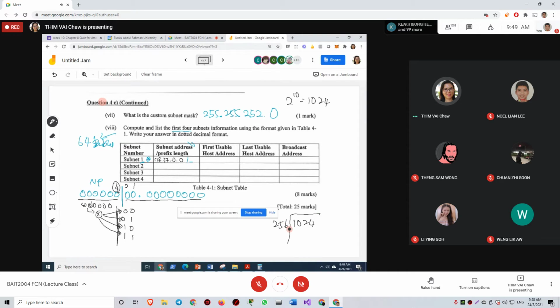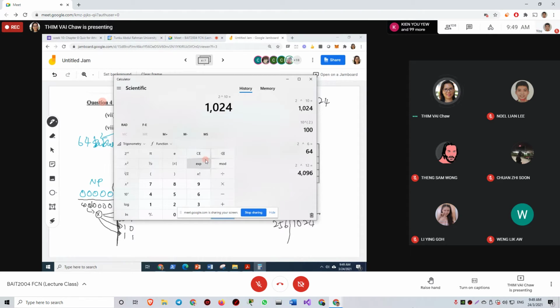You were going to ask why divided by 256? Because one byte of bit pattern has a maximum of 256. Just now I already mentioned it. So I divided to get 256 because I wanted to see the magic number. 1024 divided by 256 is equivalent to 4.